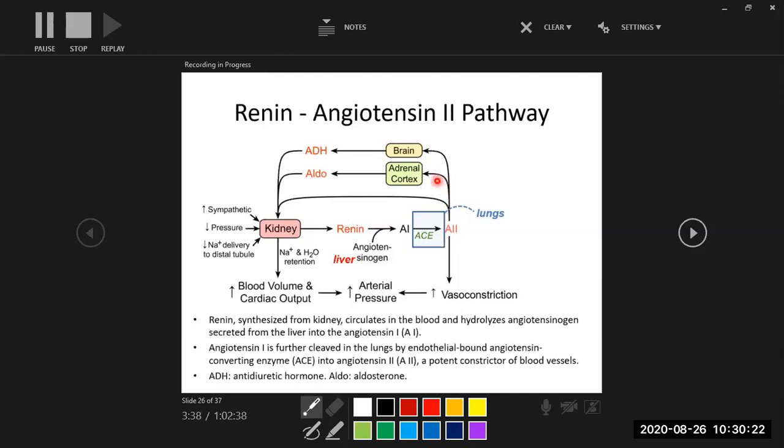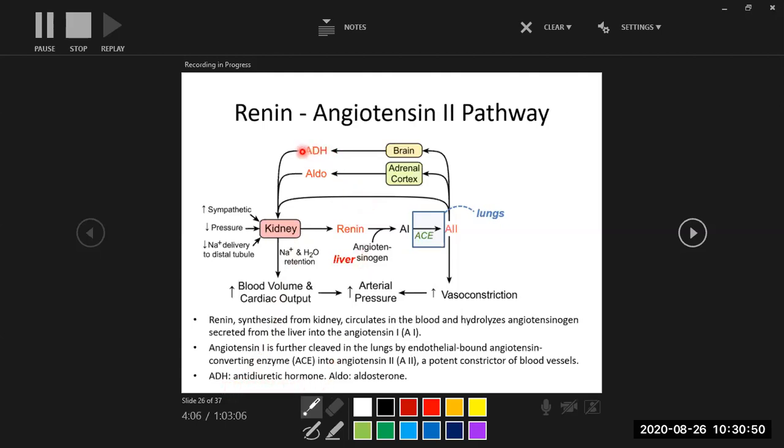And the way it does is through these 2 pathways. First, angiotensin 2 will act in the brain. The brain has the pituitary gland. The posterior pituitary gland will release ADH, the anti-diuretic hormone.